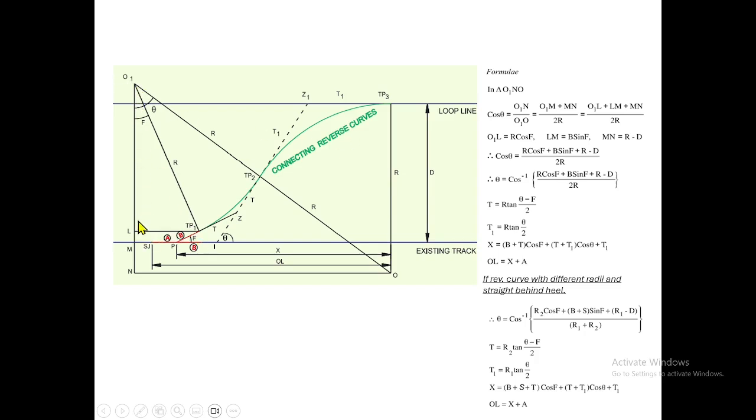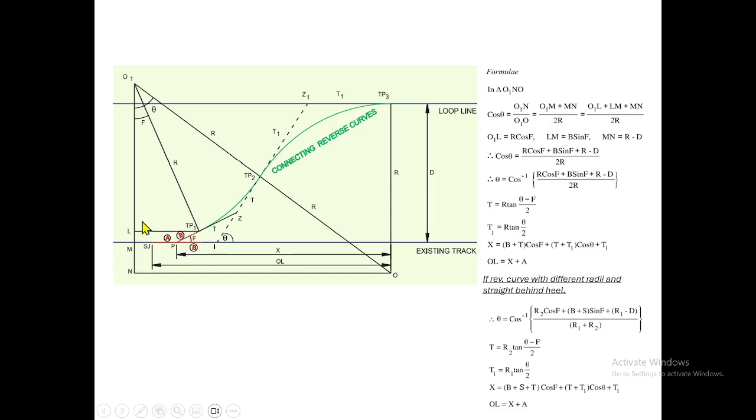Okay. So we take this triangle now, because of finding out O1 L. Here you can see this is your crossing angle and this is your ordinate angle. This is also f. Then once this is f, this is your tangent radius, and it is tangentially connected, so that this angle will be equal to 90 degrees. So this included angle of this triangle equal to 90 minus f, where the sum of the triangle is 180.